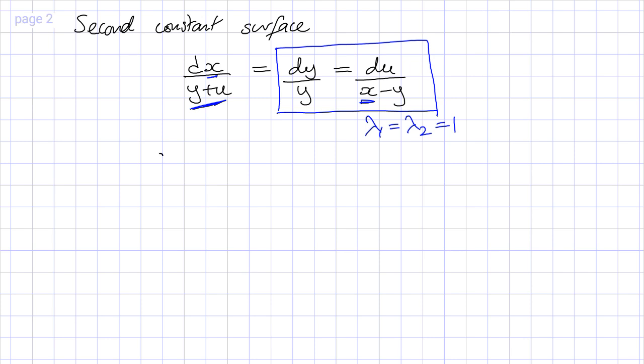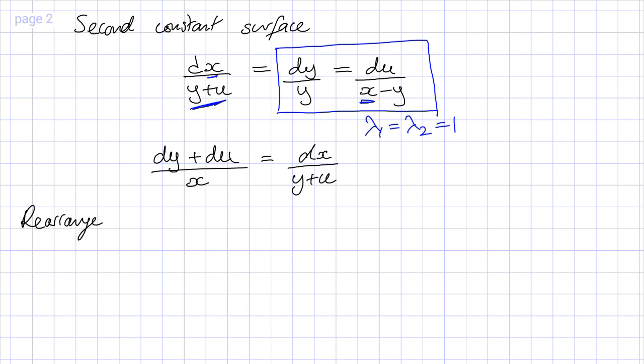So that involves doing dy plus du, adding together the two denominators, and that's y plus x minus y, so that's just x. And then equating this to one of my original ratios, and here I'm taking the one that's dx by y plus u. So now the hard work's done.